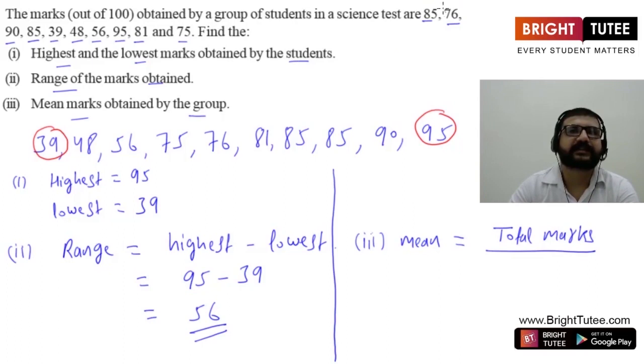Now we can count. This data is for 1, 2, 3, 4, 5, 6, 7, 8, 9 and 10 students. So here it will be total marks divided by number of students.